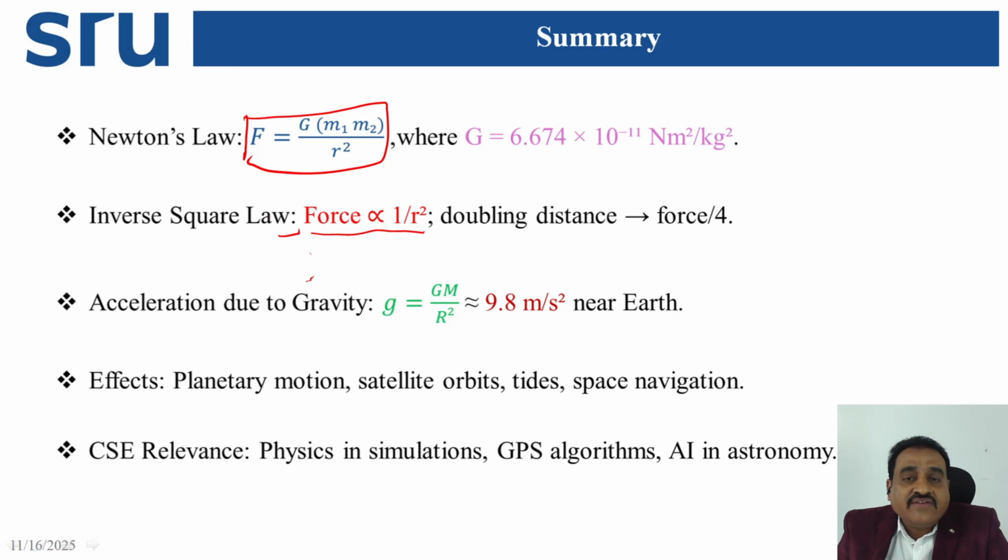And also clearly we discussed the distinctions between acceleration due to gravity, small g, and universal gravitational constant, capital G. Especially for CSE relevance, related physics in simulations, GPS algorithms, artificial intelligence in astronomy.